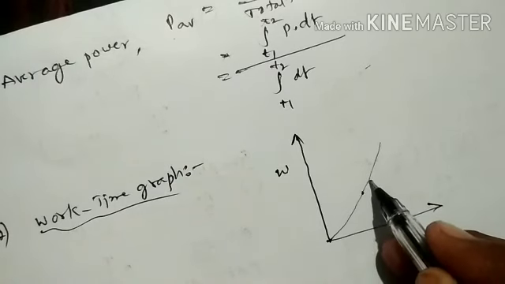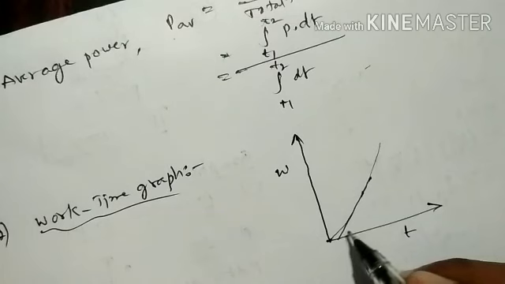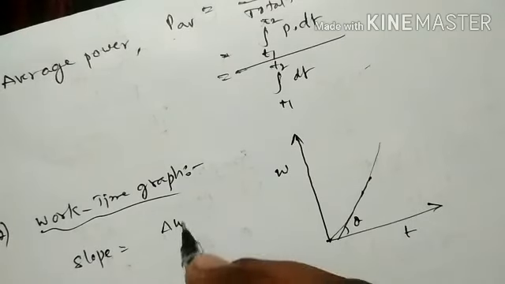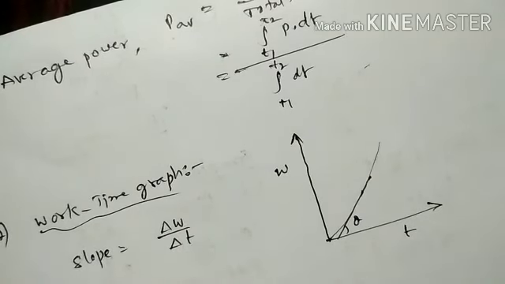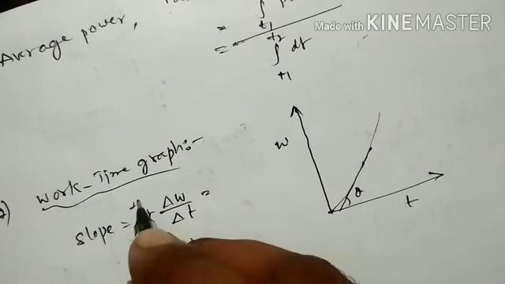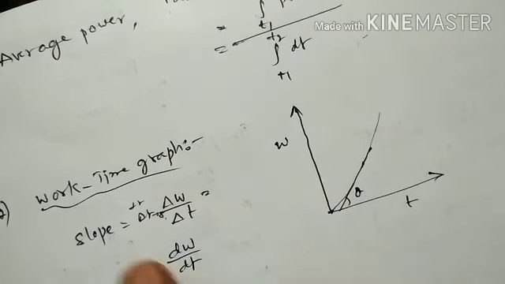So you want to calculate the slope of the graph. If you remember, you have to draw a tangent to the graph or curve which makes an angle with the time axis or positive x-axis. So the slope is nothing but y component by x component. So slope is equal to delta w by delta t, or you can also write dw by dt, because delta t tends to 0.